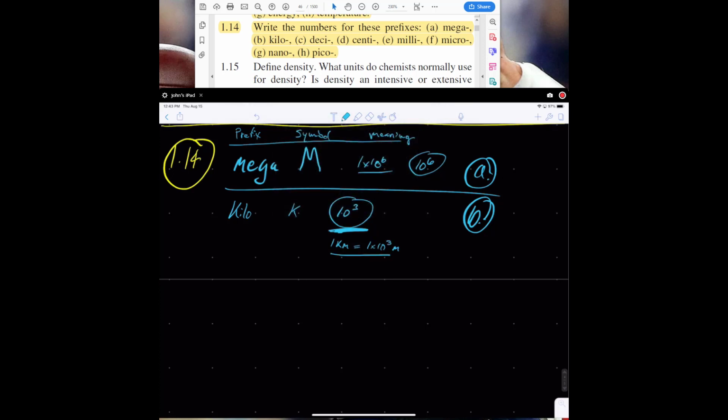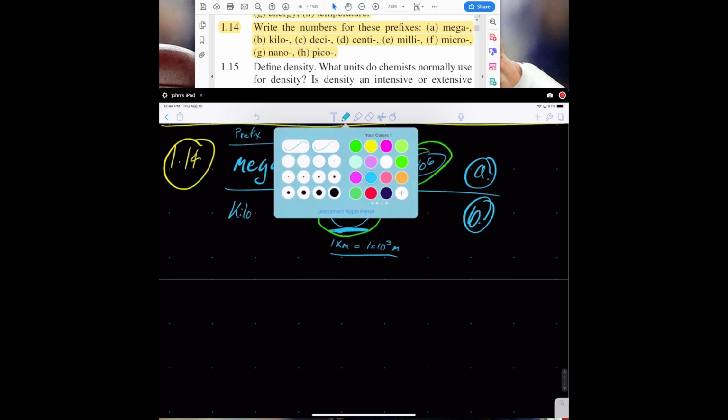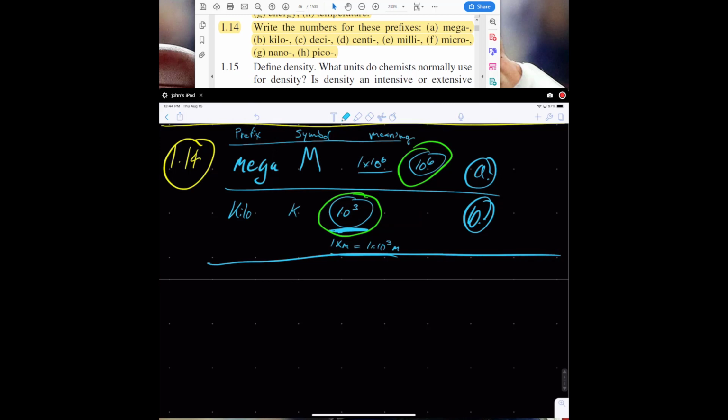Because that's telling us that 1 kilometer is equal to 1 times 10 to the 3, which is 1,000 meters. So that's how we will use these prefixes from this table. But just to answer these questions, what I circled in the green, that's what it's asking us.